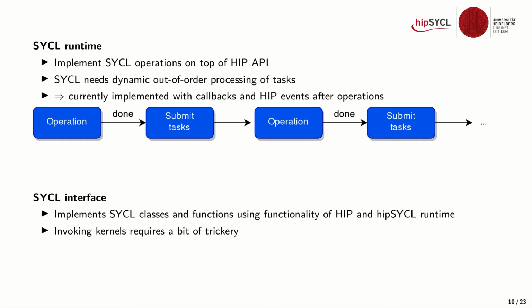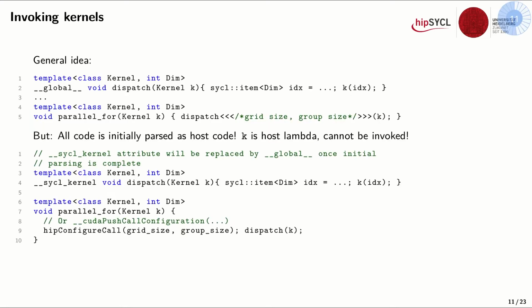The SYCL interface is also relatively straightforward. It just takes functionality provided by hip and the hipSYCL runtime and implements SYCL classes and functions using this. However, invoking kernels requires a bit of trickery. So in principle, to invoke a kernel, the idea is relatively easy.